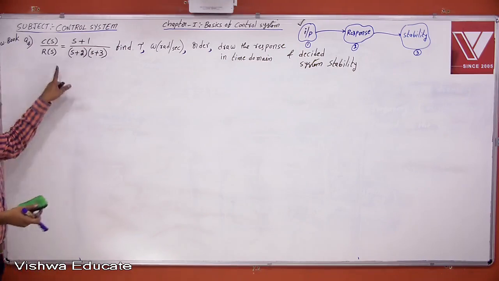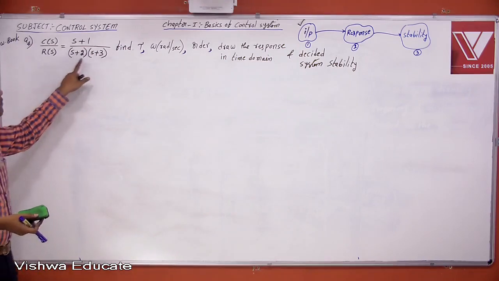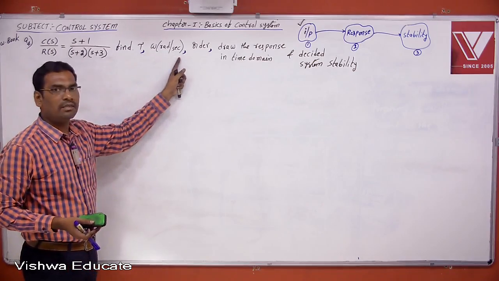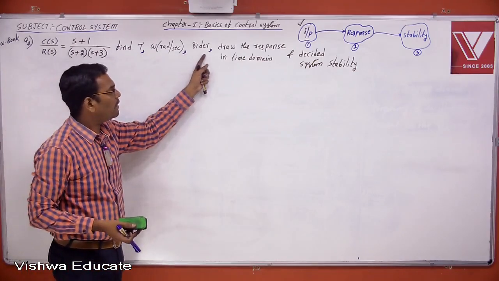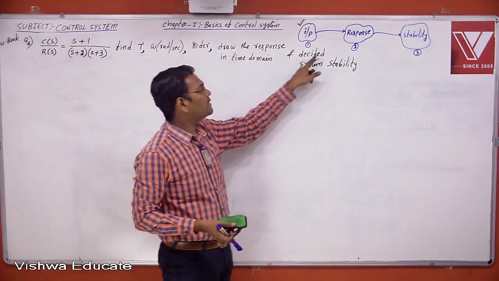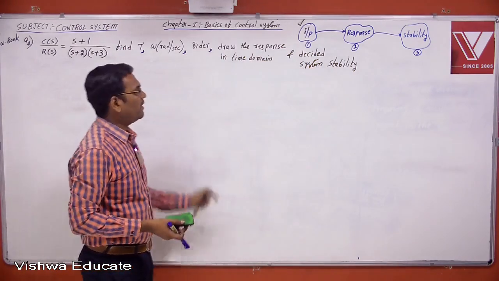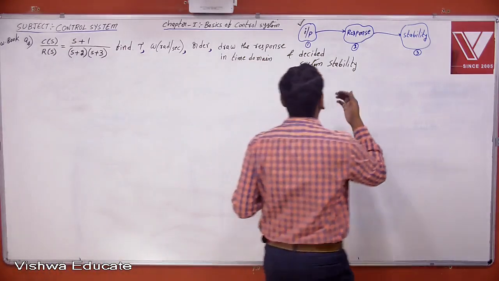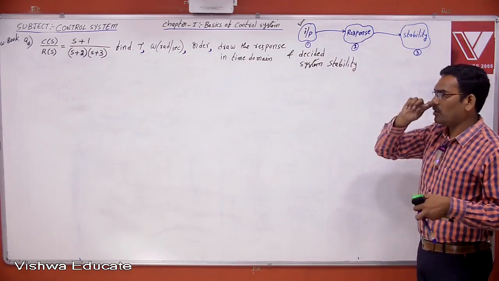By considering the closed loop control system, find time constant, frequency of oscillations, order, draw the response in time domain, and decide the system stability. In this question itself, I am trying to explain this particular cycle. Did you observe or not?